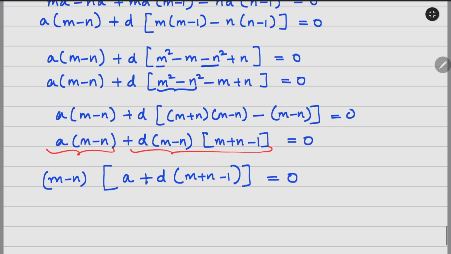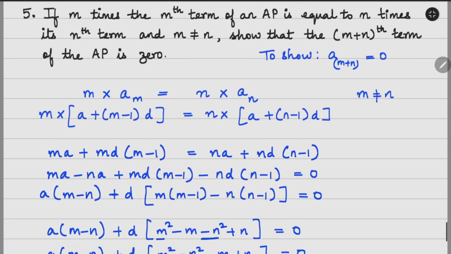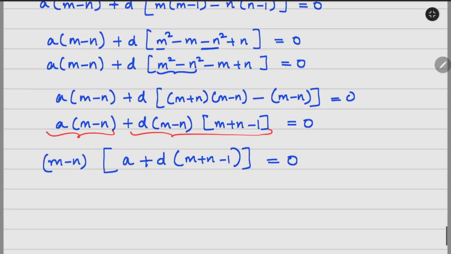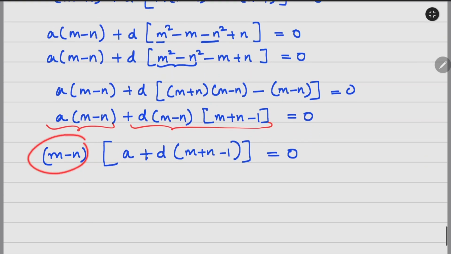So if M minus N goes to the other side, it will become 0. And you're already given that M is not equal to N, right? If M was equal to N, then this would have been 0, and 0 multiplied by anything, everything will be 0.